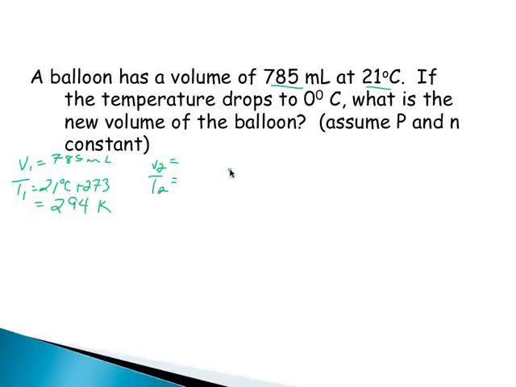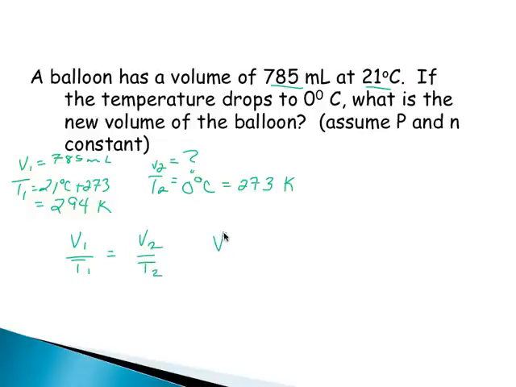It says, what happens if the temperature drops to 0? What is the new volume of the balloon? I'll be looking for volume 2. Temperature 2 is 0 degrees Celsius, which is 273 Kelvin. My equation that I'm going to be using, and yes, you do need to write it, is this equation.